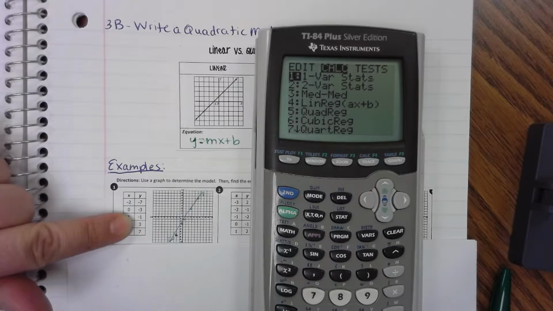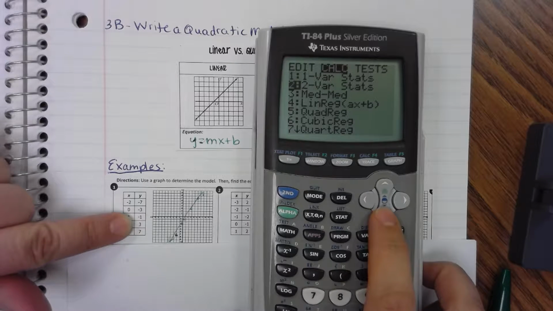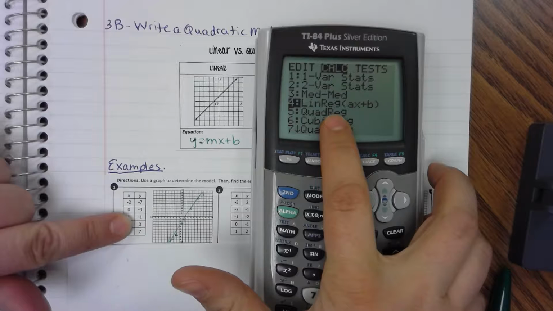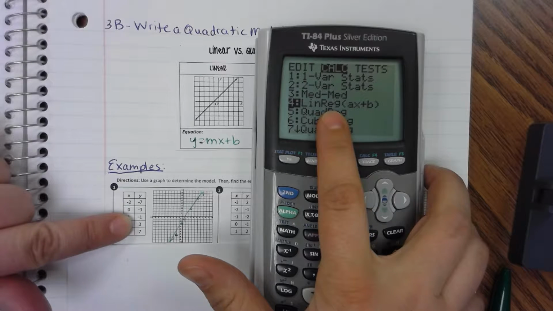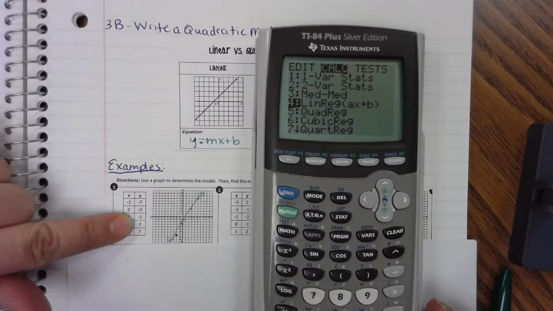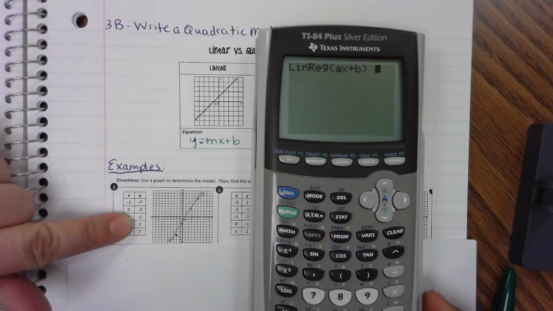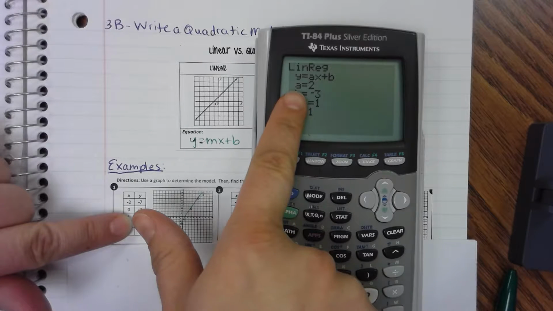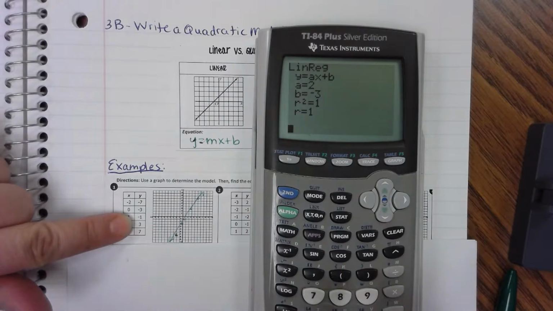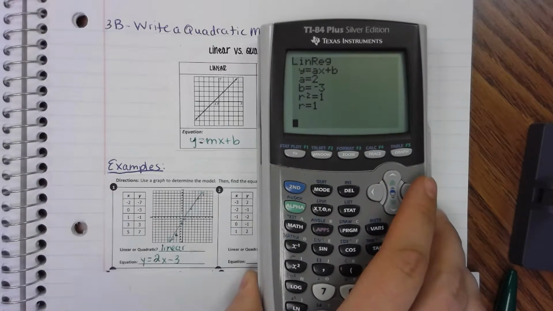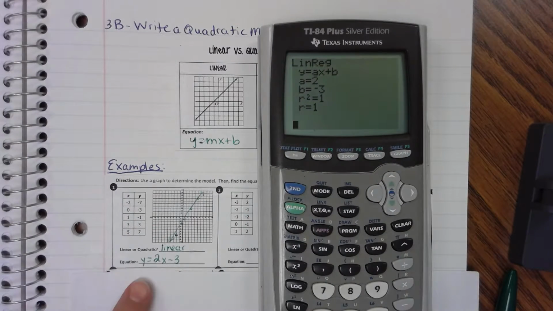I'm not sure if this is a linear model or a quadratic, but I'm going to come down here to lin reg, and what that really means is linear regression. If it's a linear model, it'll give me values for A and for B. So I'm going to hit enter and enter again. And because it gave me values for A and B, I know that I actually have a linear equation and that it is 2x minus 3.